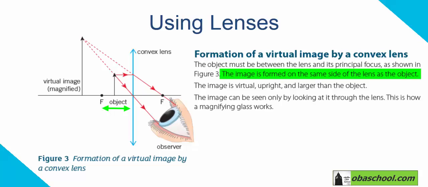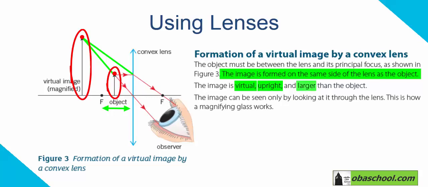Because, if we draw the ray diagram, the intersection of the refracted light rays will be here, which is the image of this point of the object. The image will be virtual as we agreed, and it will be upright, not inverted. It will be upright just like the object, and it will be larger than the object because it's magnified.